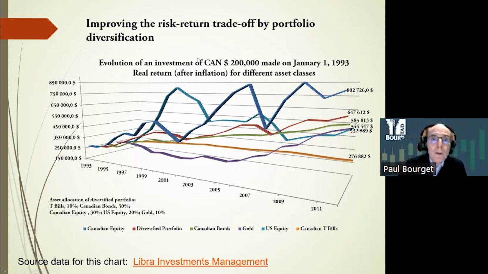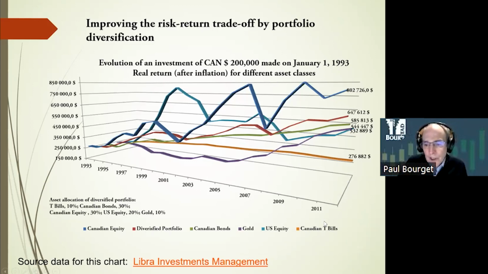Okay, here we have a chart about the return that could have been obtained by investing 200,000 Canadian dollars on January 1st, 1993 for 20 years, so until January 1st, 2013. We can see different asset classes and how they performed during that 20-year period.